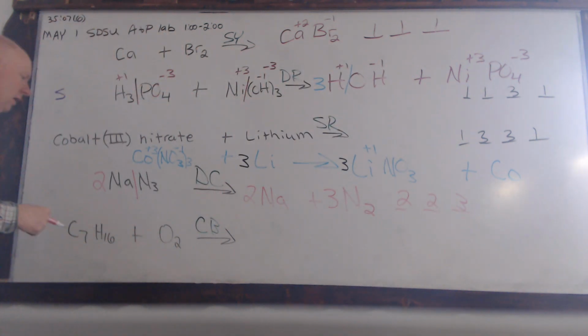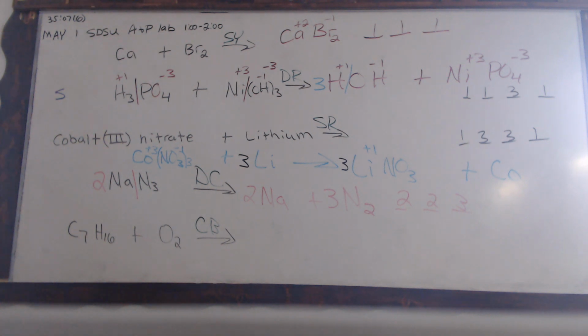Okay? Then, for combustion reactions, I want you to think about what are the same byproducts that you get every time in a combustion reaction. And if you had said carbon dioxide, that is one of them, and then water is your other byproduct.